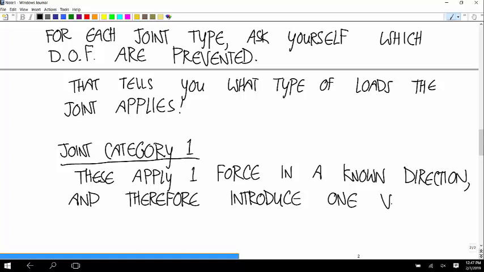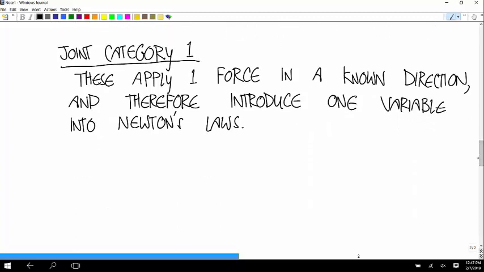So one variable into, let's say, Newton's laws. The first one of these is contact without friction.